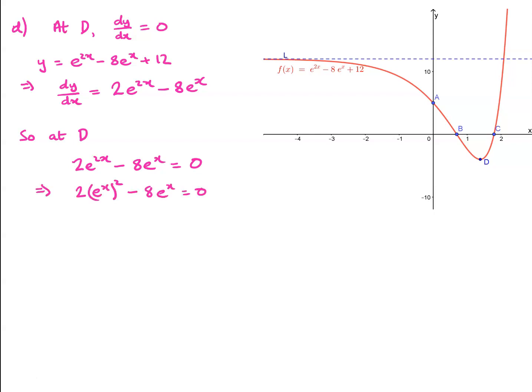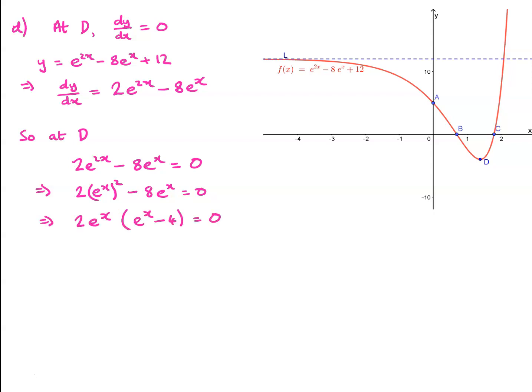e to the 2x, as before, we can regard as being (e to the x) squared. So I've got 2(e to the x) squared, take away 8e to the x equals 0. Again, we've got a quadratic equation in e to the x. Even easier in this case, we can factorize this because we've got a common factor of 2e to the x.